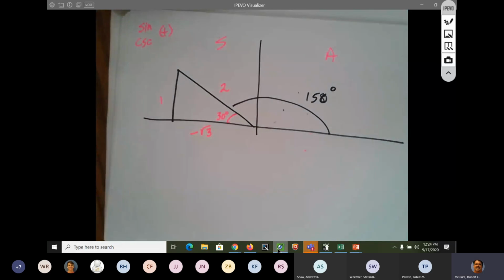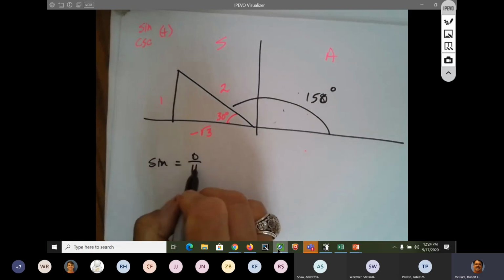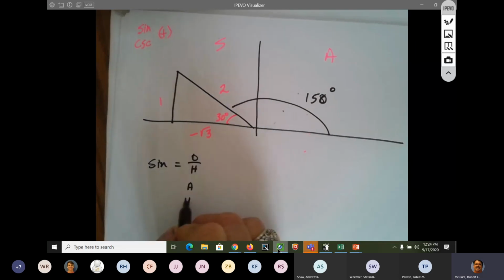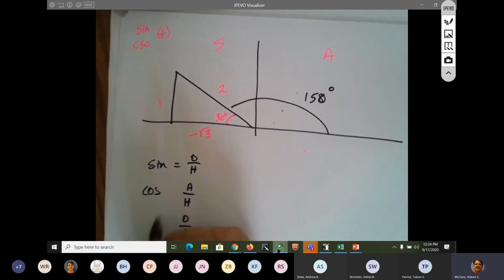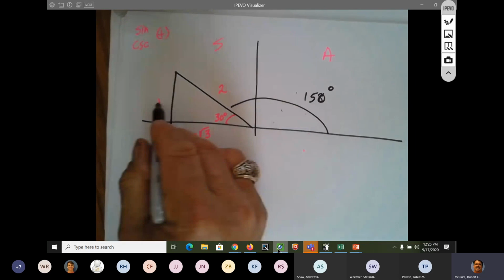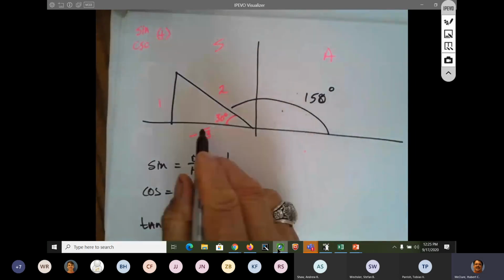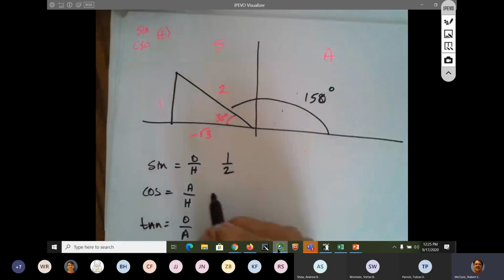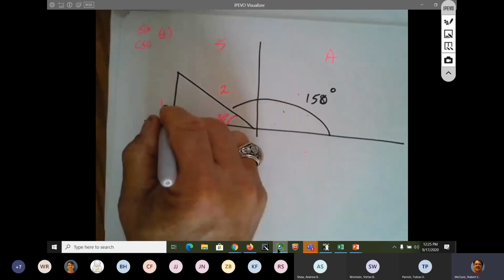So sine, Oscar had a hunk of apple. Cosine, tangent. Oscar, 1, 2, a hunk, negative square root of 3 over 2, of apple.